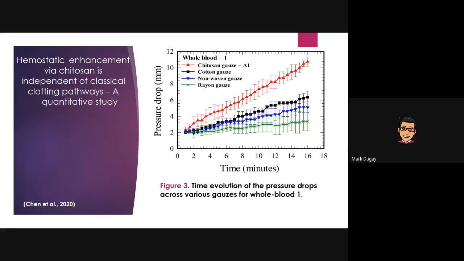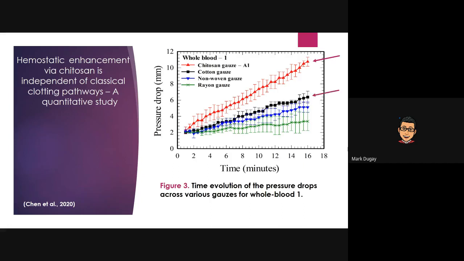Figure 3 shows the time evolution of the pressure drops across various gauzes for whole blood 1. As shown in the figure, the pressure drops increase with time for all the four gauzes. As the time changes from 1 minute to 16 minutes, the Kitosan gauze A1 has an average pressure drop increasing from 2.25 to 10.75 millimeters.